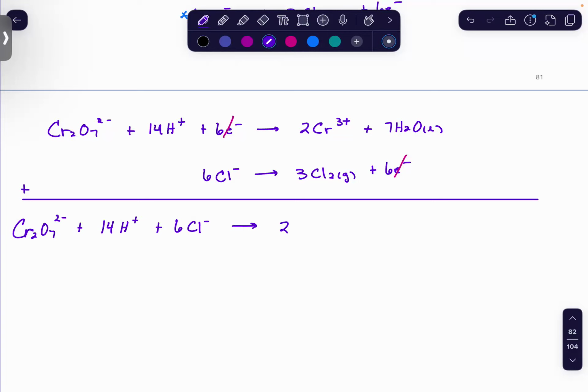Let's see, 2 chromiums, 7 waters plus 3 chlorine gases.